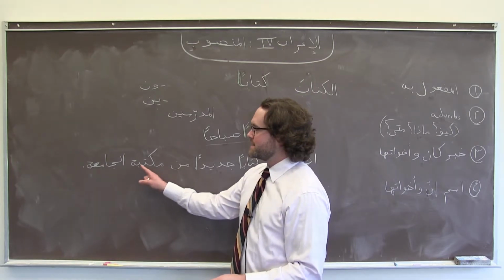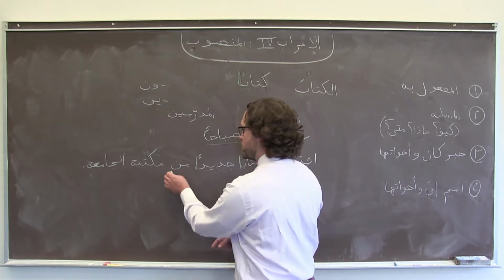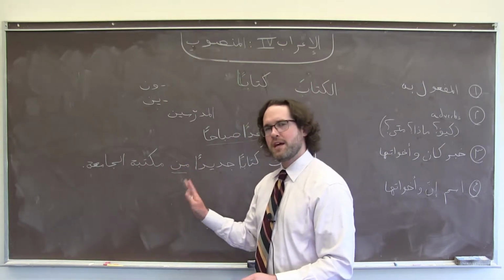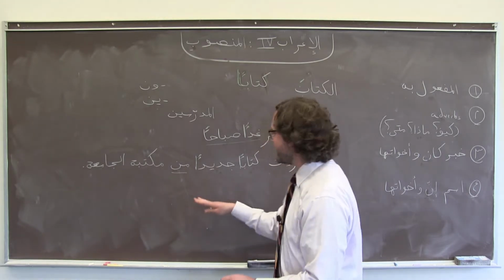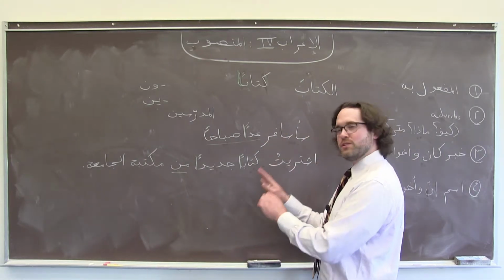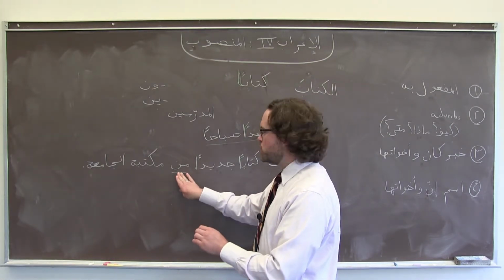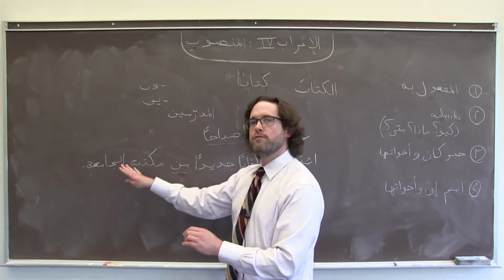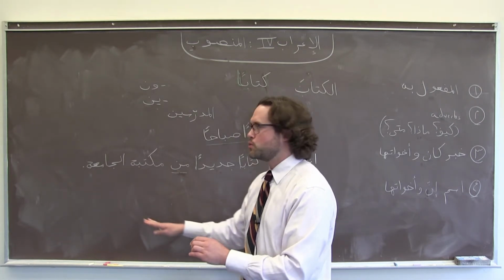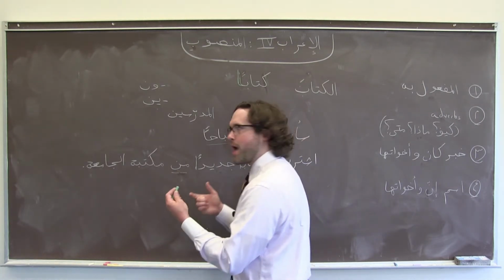Notice that here we have this preposition, a harf jar, and then after that we have a prepositional phrase, and it's not mansub. Majroor, the majroor case, kind of overrides the mansub in this case. It's a little more powerful.